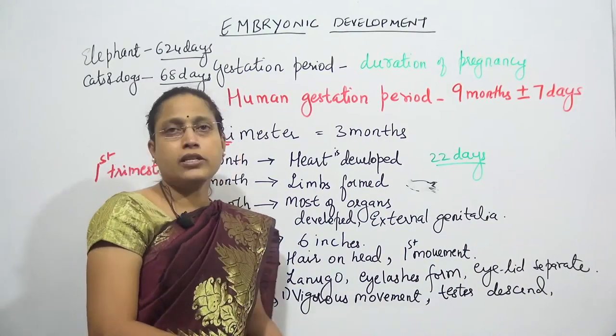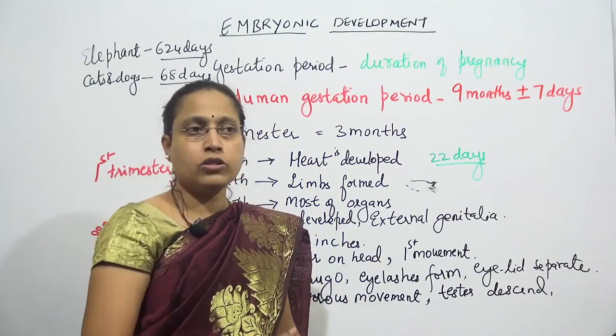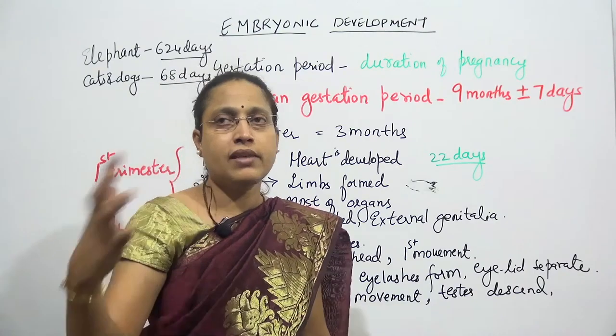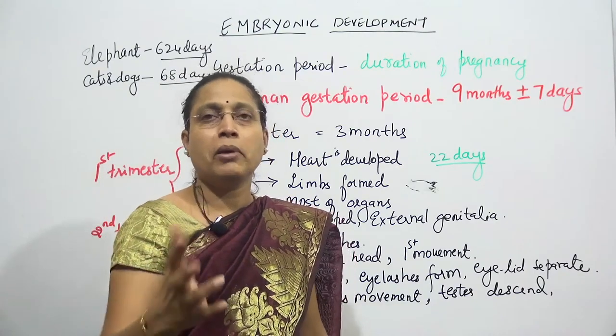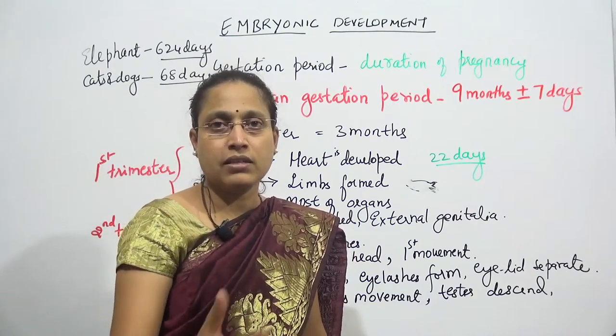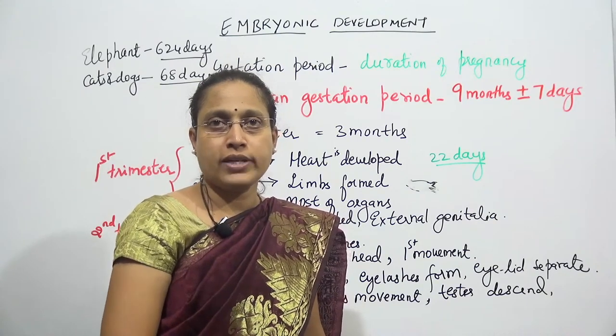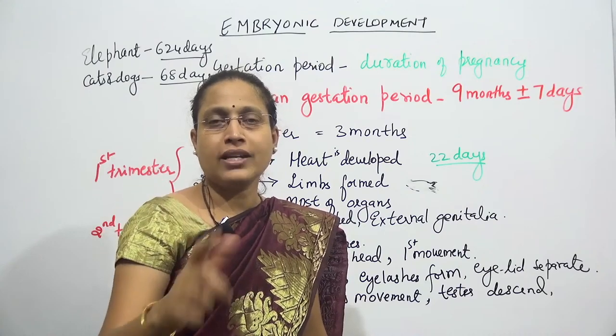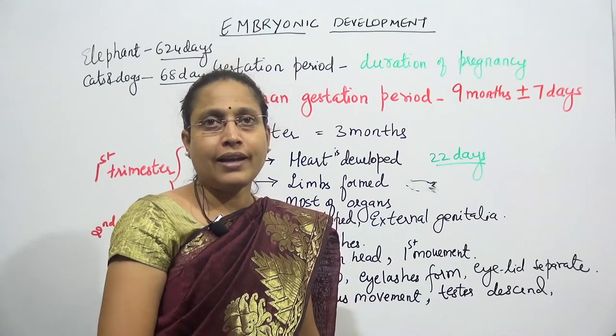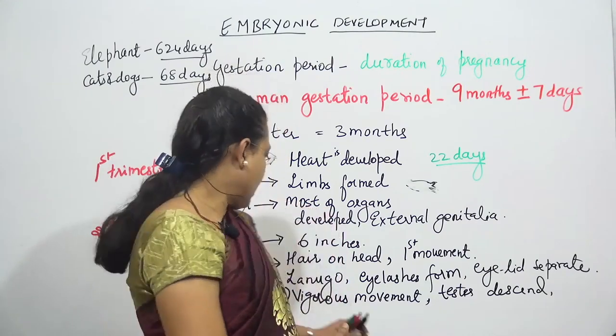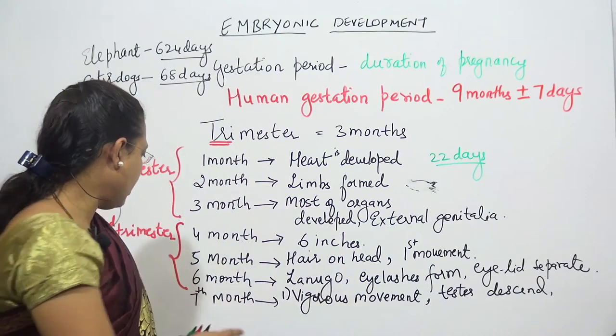Also, I told you about vigorous movement. Movement can sometimes also be a response. Suppose there is a sound from outside, the developing fetus can respond to it. Or if there is touch, it can respond to the touch. That kind of effect will be there in the seventh month.